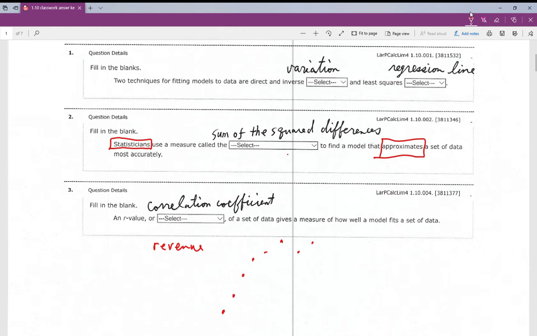Sometimes it goes up, sometimes it goes down. That's possible, right? Up and down, up and down.